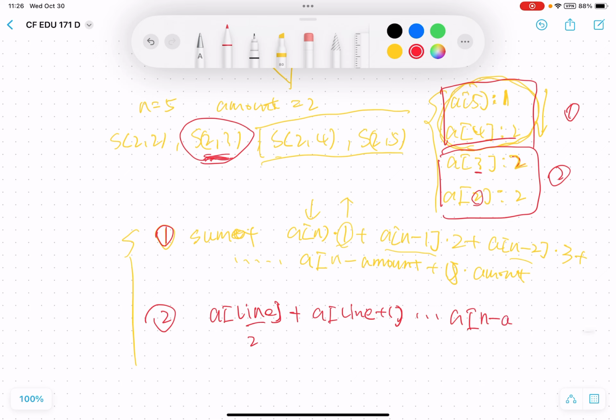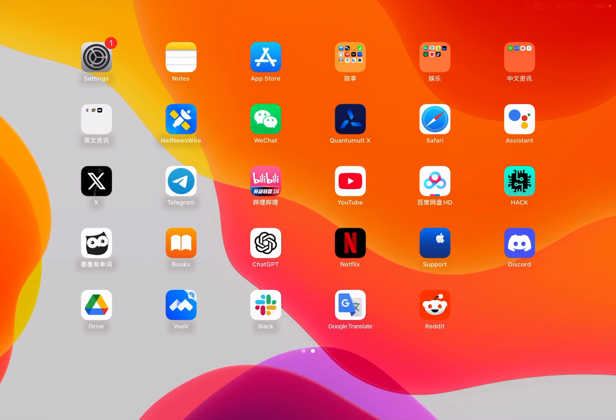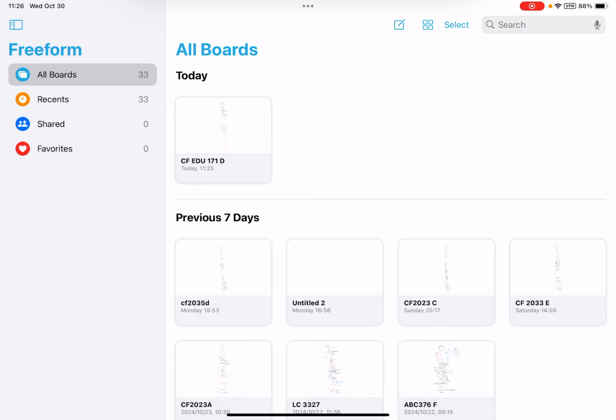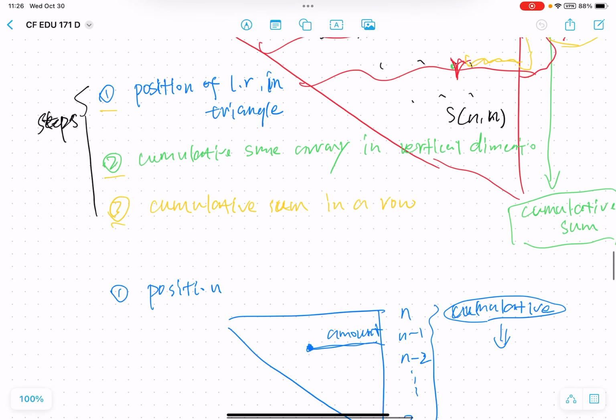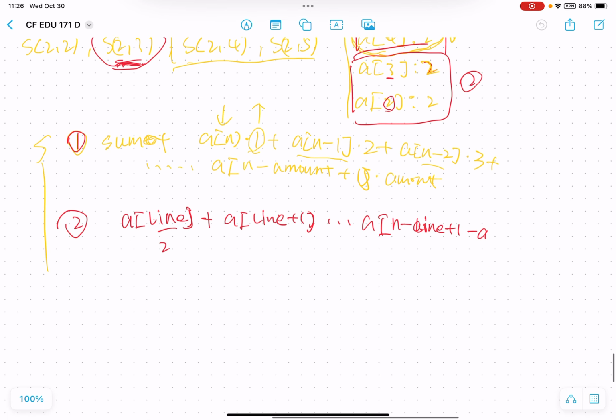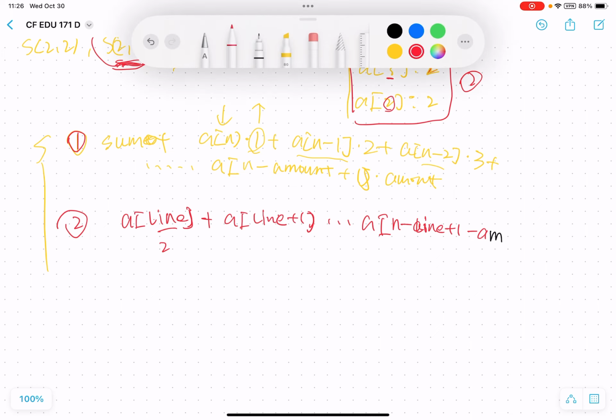That means n plus line plus 1 is the amount of this line, and minus amount. Is there something wrong? Okay. A minus line minus amount.